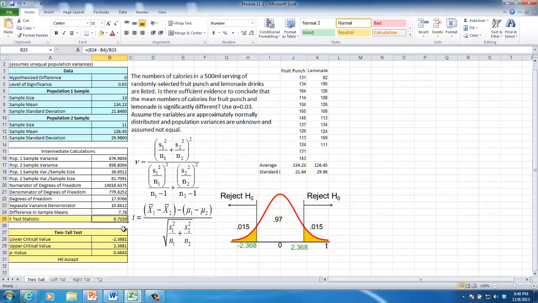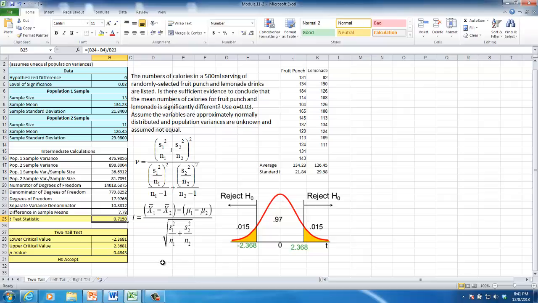Then we divide by this number, and we come up with the test value 0.7150. As you can see, 0.7150 falls here in the H0 area.